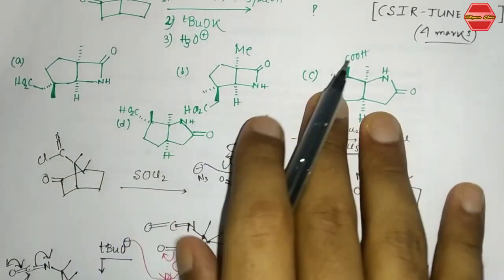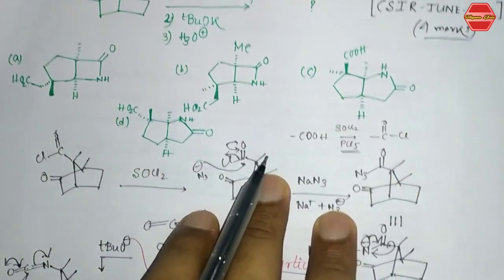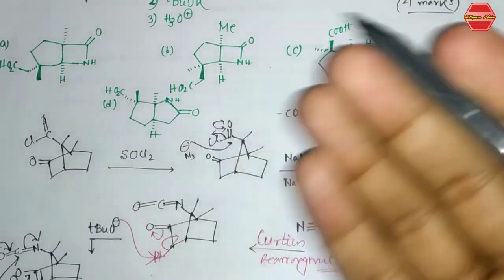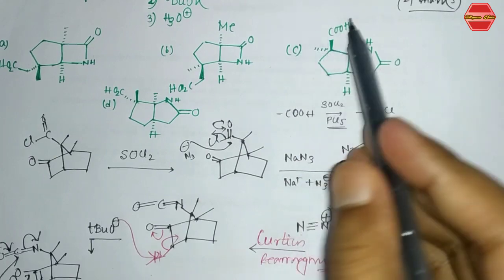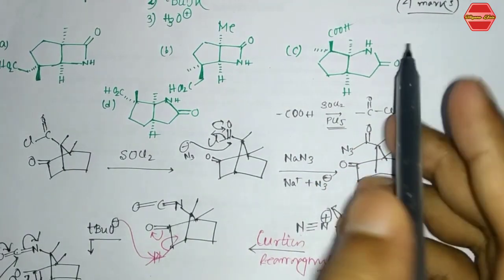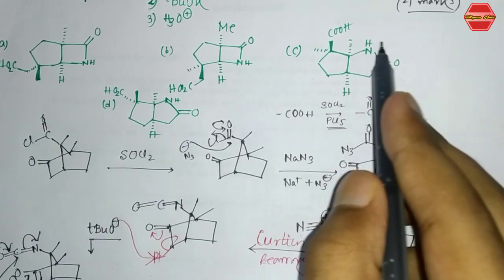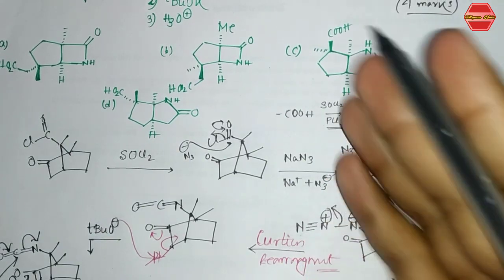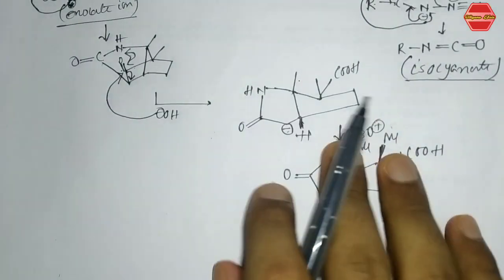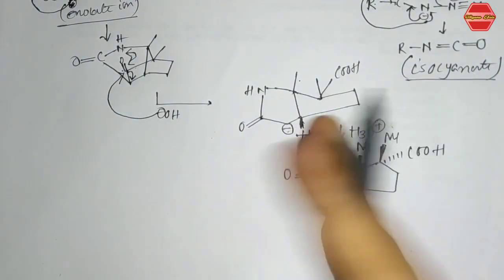It is our final product, but as you can see over here, in the options C and D, these junctions are on the backside, and the positions of this methyl and COOH are also different. Because of this ring, this 5-membered lactam part is on your right side, but in our product this lactam is on your left side.